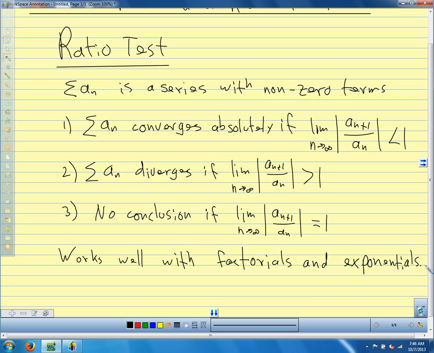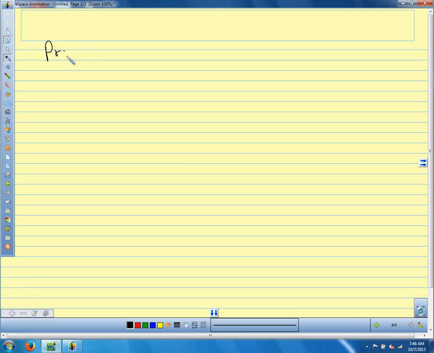So we'll take a look at a couple of examples, but the proof of the ratio test is nice because it involves geometric series, and it's very, very easy. So let's walk through why this property would guarantee that we have a convergent series. We're not going to be very formal.